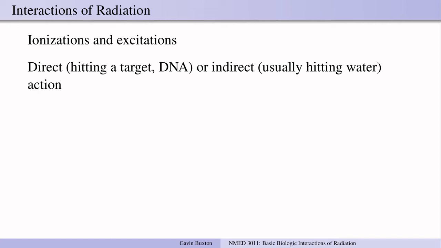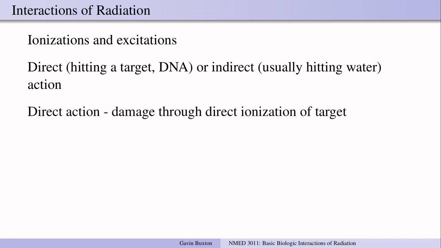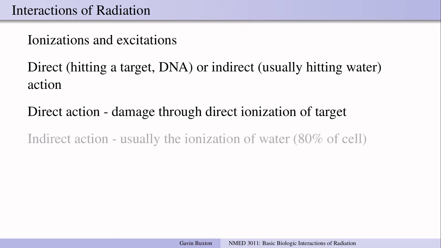Now, indirect is the opposite, right? So indirect action is when the ionization comes in and interacts with other constituents in the cell. So it's not interacting with the target, which is the main part of the cell, typically the DNA, right?